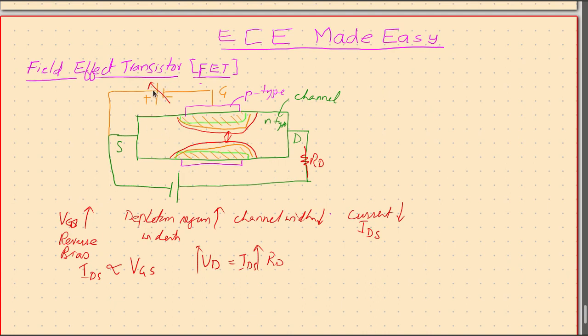So a small change here is going to make a large change in IDS. This large change when multiplied with RD is going to make a much larger change in VD. So that way you can say VD is proportional to IDS, IDS in turn proportional to VGS, and therefore VD you can say proportional to VGS.